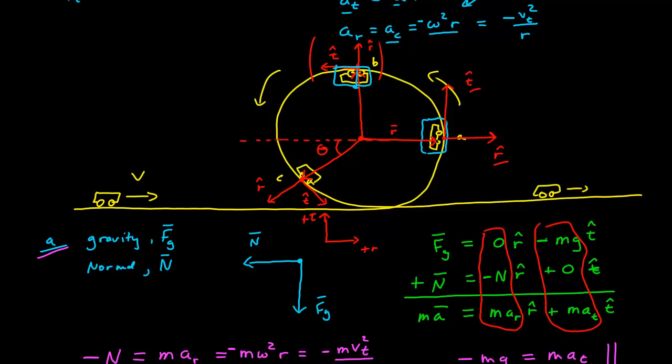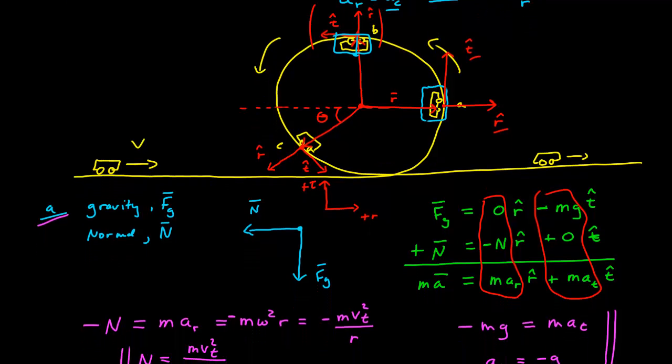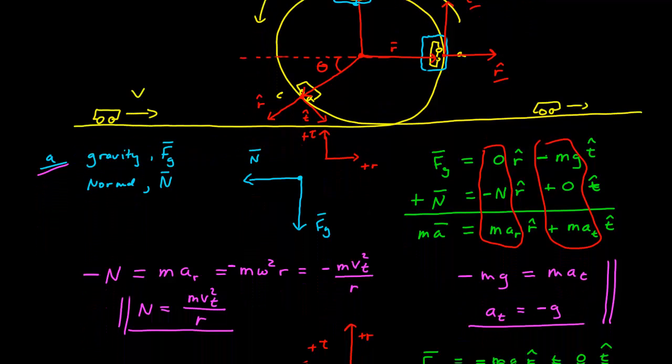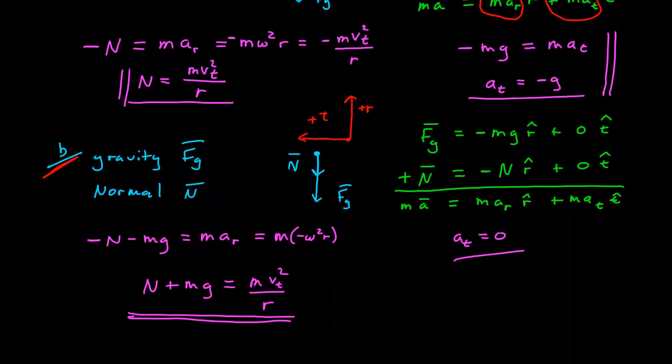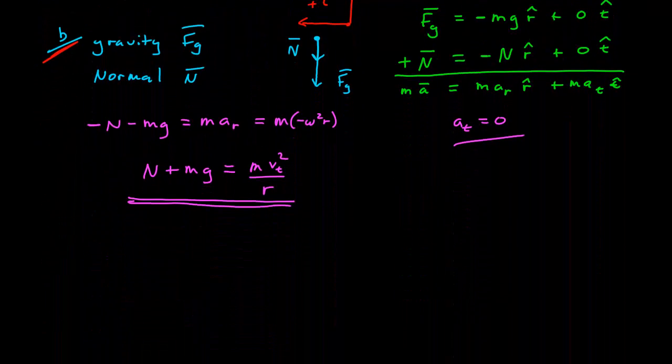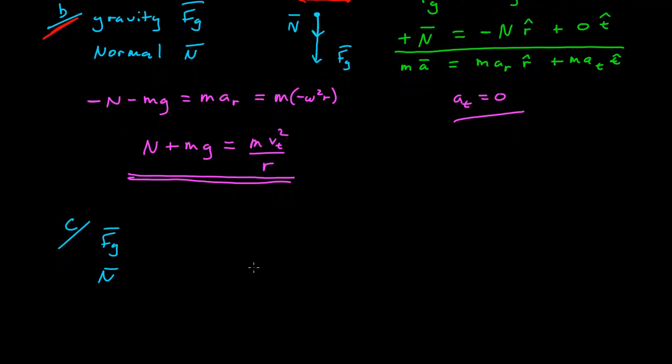All right, and so now I have to be a little careful when I do my projections. Okay, so let's look now at point C. What are the forces? The same ones. We have the same forces that we had before. But where are they now?